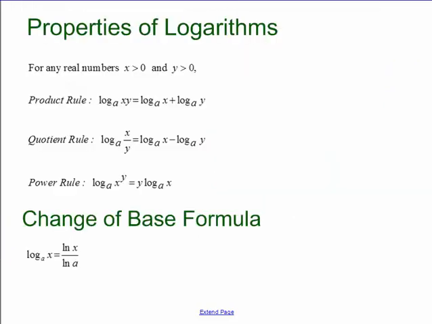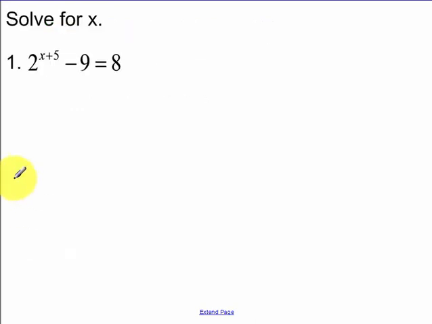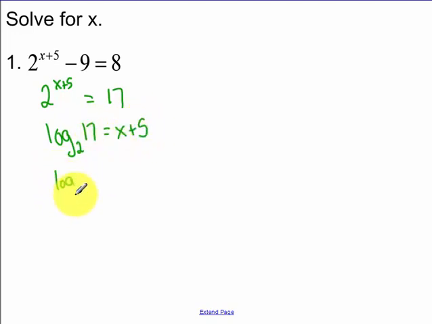Just a quick review of our properties of logarithms. You're going to need these when we start talking about some stuff later on in calculus. Okay, solving this guy for x. We add 9 over. Now you use logarithms to solve. Log base 2 of 17 is equal to x plus 5, and then I subtract 5 over.